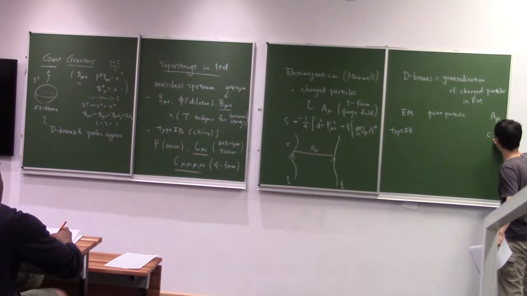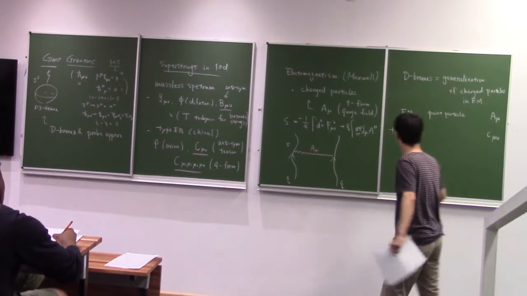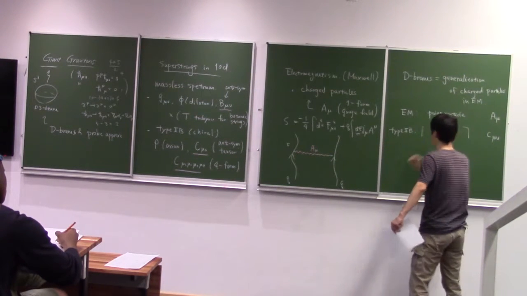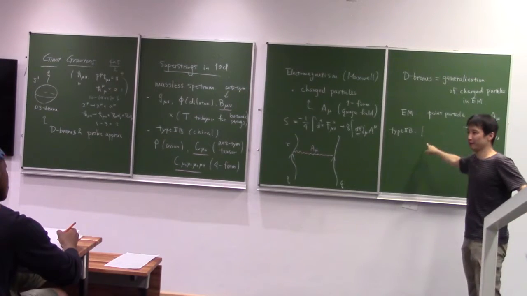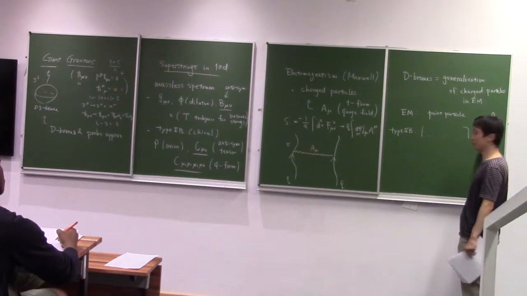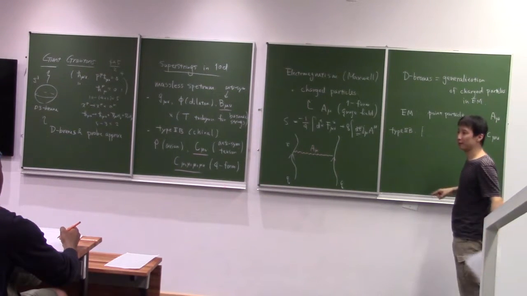First you have this C mu nu. So then my question, what could be here? There's something charged under C mu nu. And it's not going to be a point.